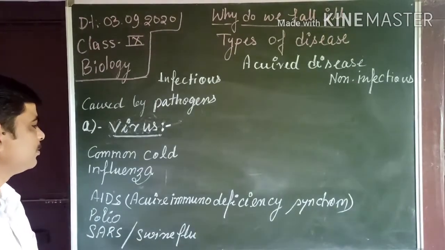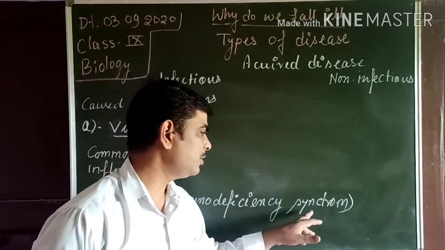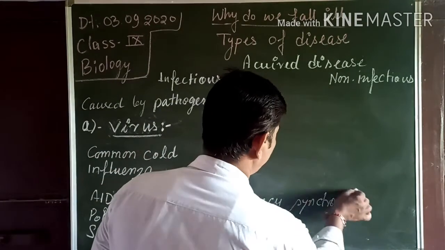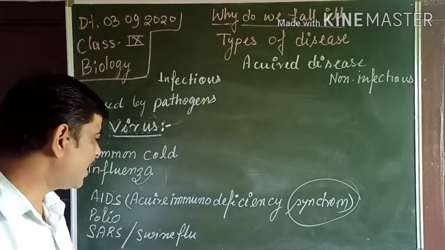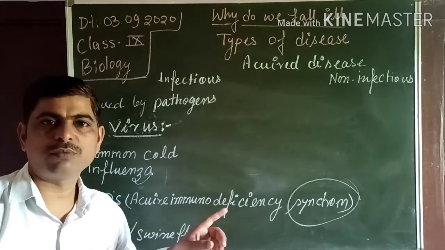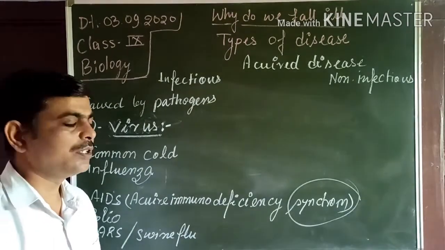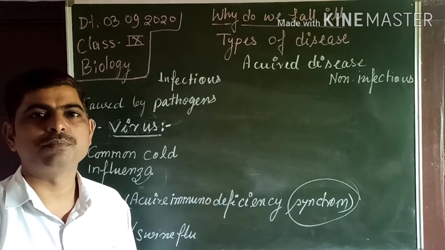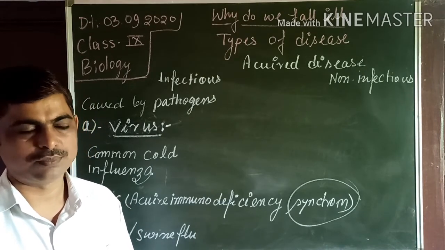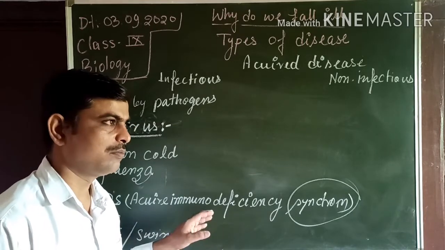Now see here, acquired immunodeficiency syndrome. Why is AIDS called a syndrome, not a disease? Because a syndrome has the mixed symptoms of many diseases, meaning only one disease is not there in the body. What happens in AIDS?